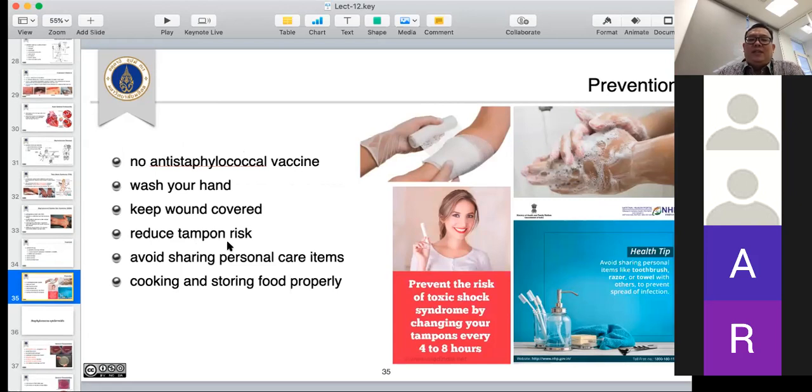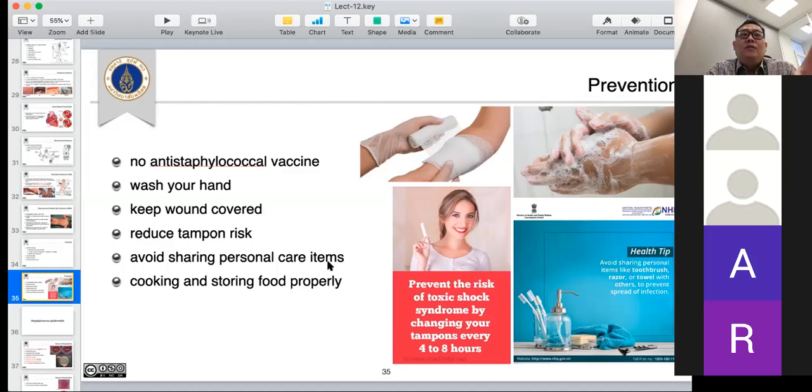Reduce tampon risk, okay? Avoid sharing personal care items, particularly female students. Some of you probably take lipsticks, a hair comb, a towel, a t-shirt when you go to stay at your friend's apartment, or work in a group, and lots of students go to a friend's room.